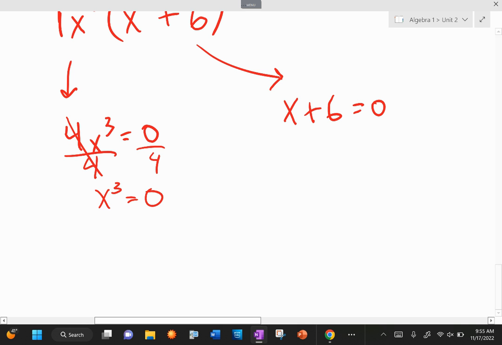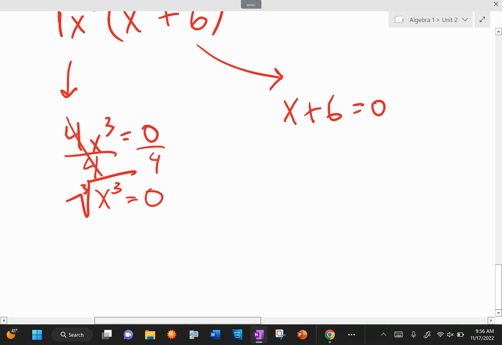Y'all are saying square root, but that symbol is not called a square root. That symbol is a radical. And we don't want to use a square root because a square root is dealing with exponents of 2. So we're going to use a cubed root, which is a radical with a 3 notated inside the teeth.